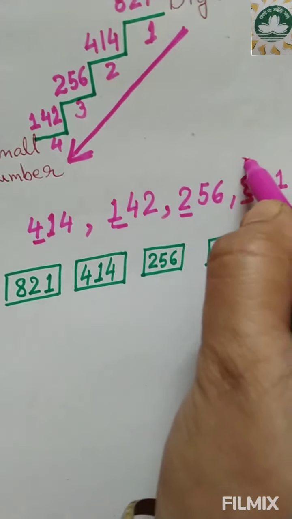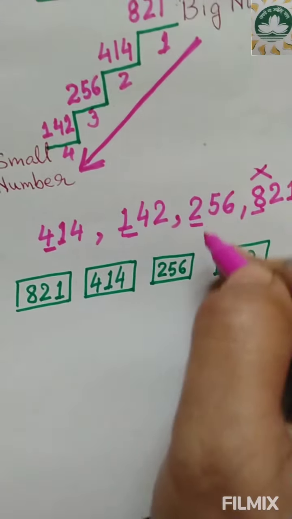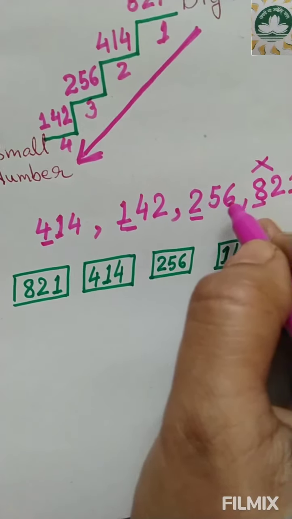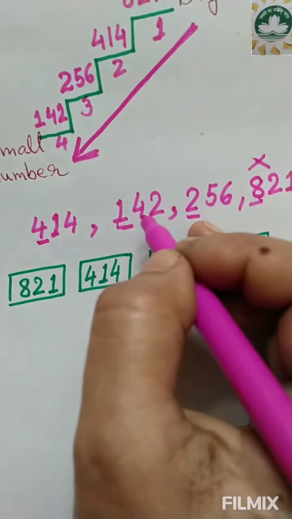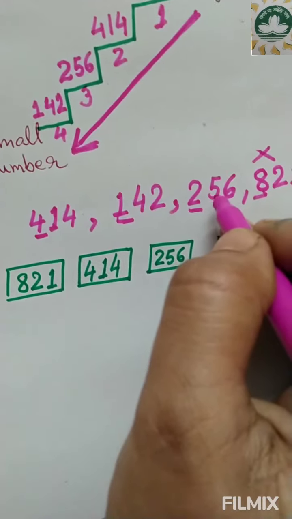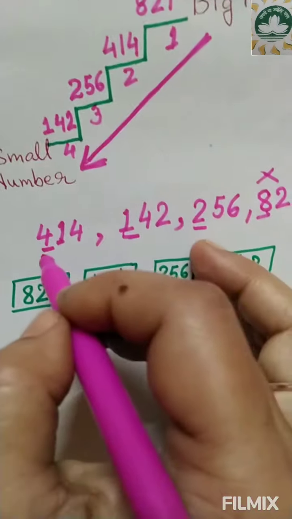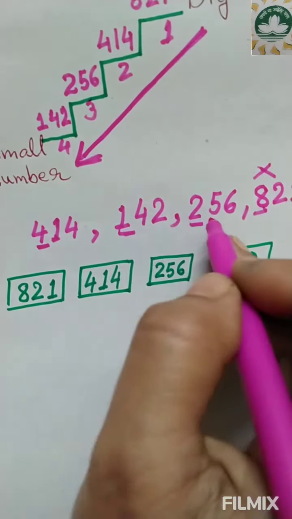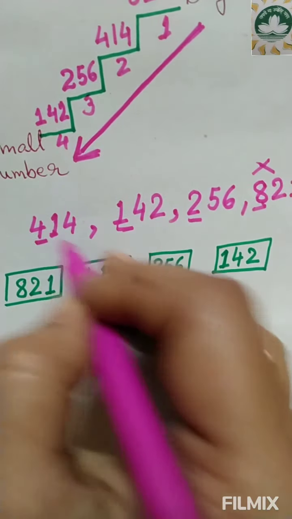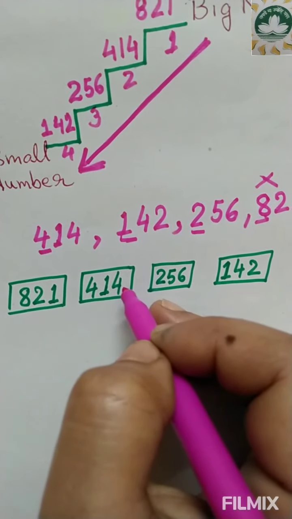If we just cross this number, now we are left with three numbers, 414, 142, 256. Again we will compare the first place numbers. So if we compare 4, 1, 2, 4 is the biggest number, so 414 will be written here.